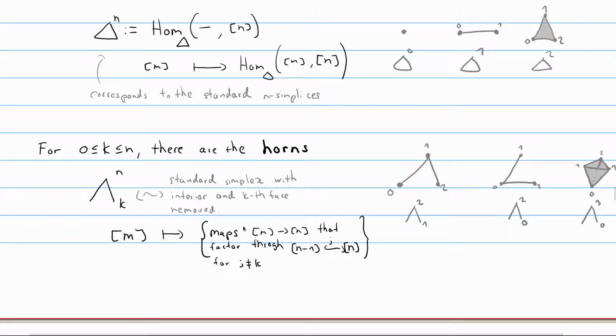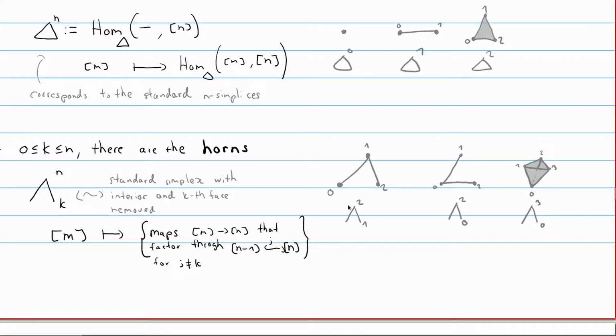If you want to write it out more clearly, they consist of the maps from m to n, so it's actually a subset of this, such that they factor through the jth face map for j not equal to k. So here I've got some drawings.